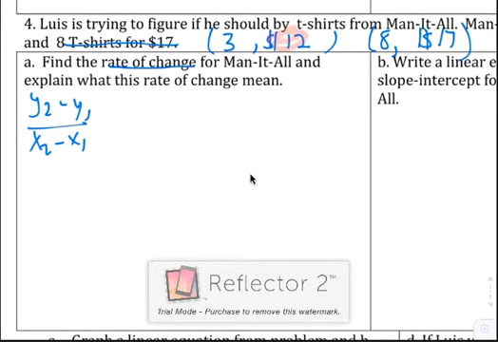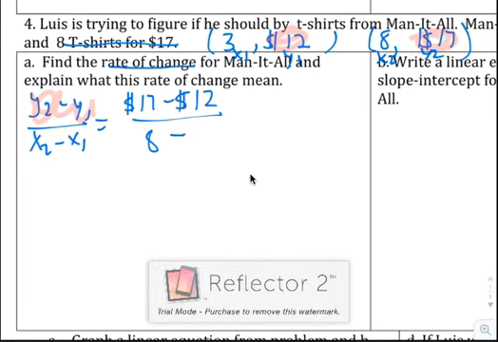The dollar is Y. Notice it's Y. Okay, so it's $17 minus $12 all over 8 t-shirts minus 3, and these are t-shirts. X1, Y1, X2, Y2. So you get 5 over 5, $5 for 5 t-shirts, or $1 per t-shirt.